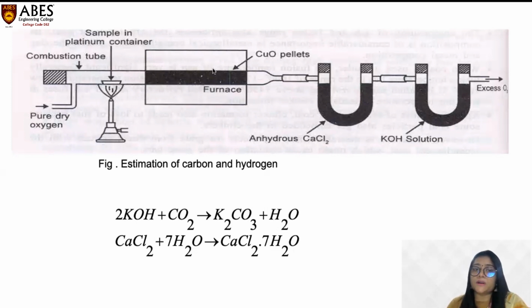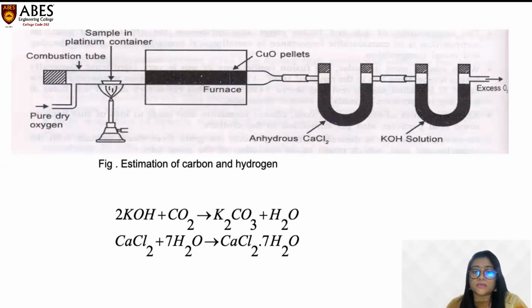The fuel will start burning and convert into CO2 and H2O. All the CO2 will be absorbed into the KOH tube, increasing its weight to, suppose, Y2. Similarly, all the water absorbed by CaCl2 will increase the weight of the CaCl2 tube, suppose to X2.